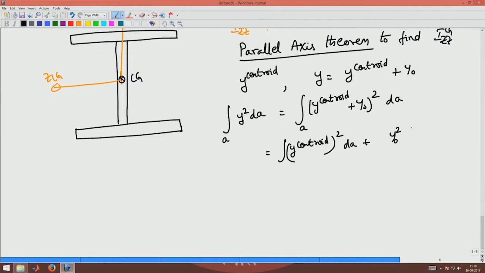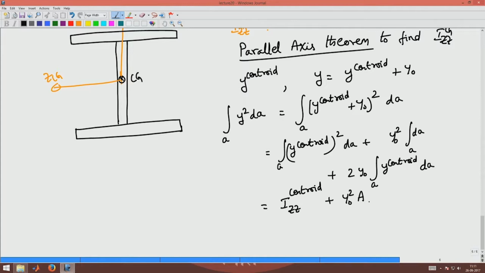y naught is a constant, so it is y naught square times the integral of dA, the area of the cross section, plus 2 times y naught times the integral of y centroid dA. So, this is going to be nothing but IZZ about the centroid plus y naught square into the area of the cross section.